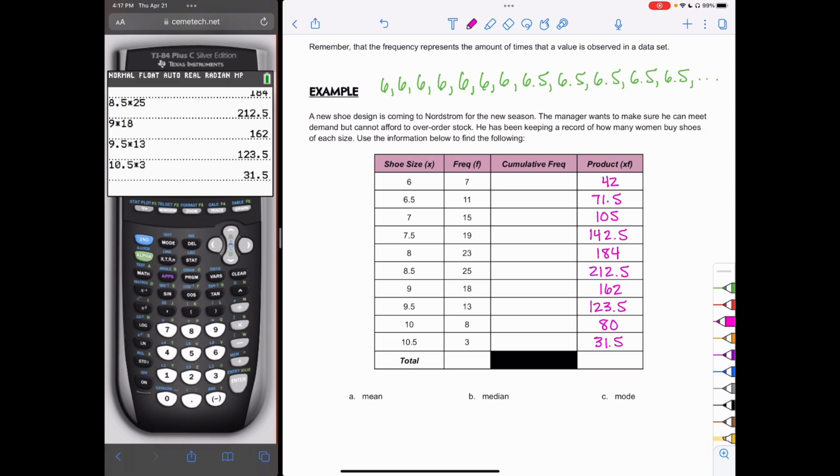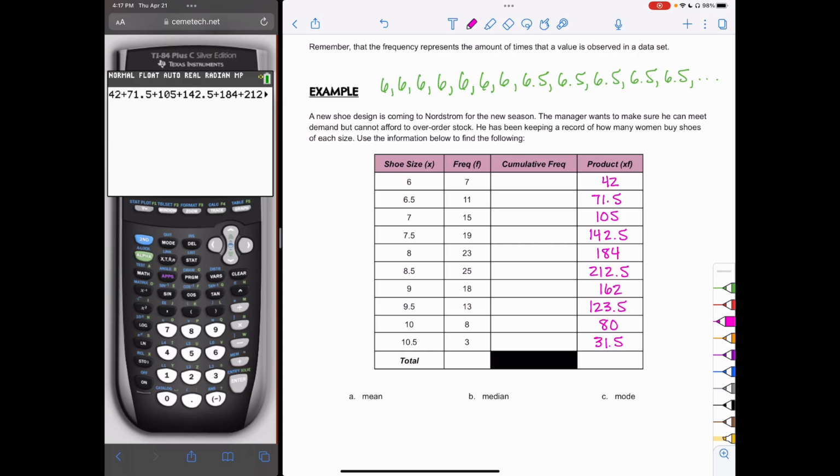Okay, so that is basically the sum of all of the numbers in that specific category, depending on the frequencies. Once you do that, you can add all of these numbers up. So I'm going to have 42 plus 71.5 plus 105 plus 142.5 plus 184 plus 212.5 plus 162 plus 123.5 plus 80 plus 31.5.